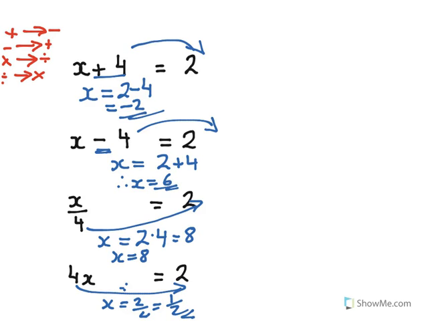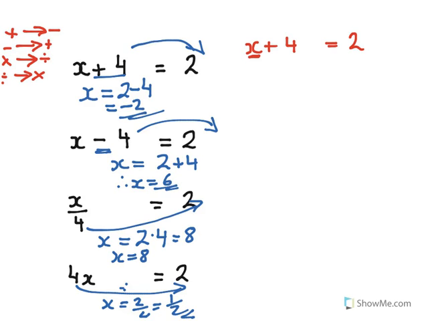Well, if we were to look at this equation again, x plus 4 equals 2. We know that we need to get all the numbers on one side and all of the letters on the other. So what we have to do is get x by itself. The easiest way to get x by itself is to get rid of this 4 here.